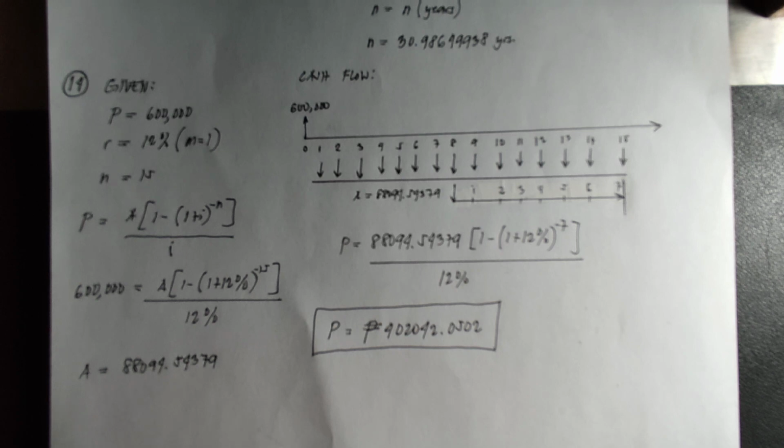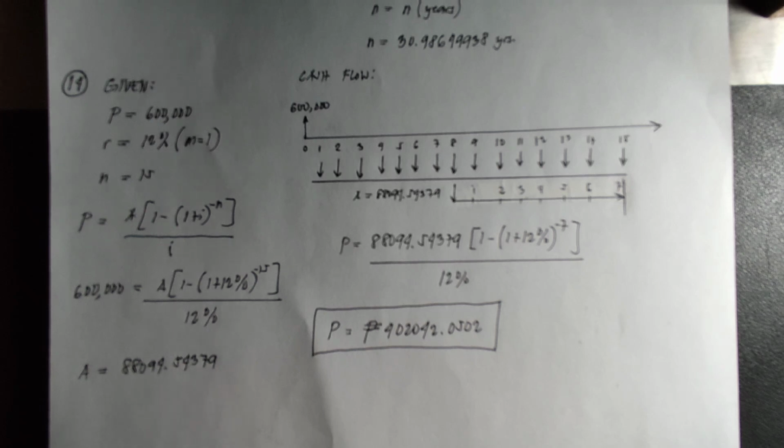Since we have our value for P, we will substitute: 600,000 is equal to A multiplied to the quantity of 1 minus (1 plus 12%) raised to negative 15 over 12%. Then we will get our A, which is 88,094.54379.